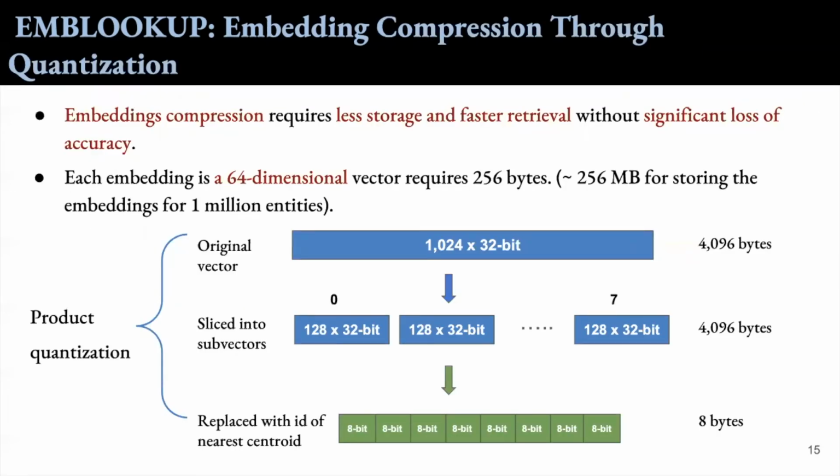To speed up the search process, we consider approximate representation of the embeddings. We use product quantization to compress the entity embeddings to reduce the storage and ensure faster retrieval. The compression component is an optional step in mLookup. Any appropriate compression mechanism can be used based on their accuracy, storage, and latency trade-off.